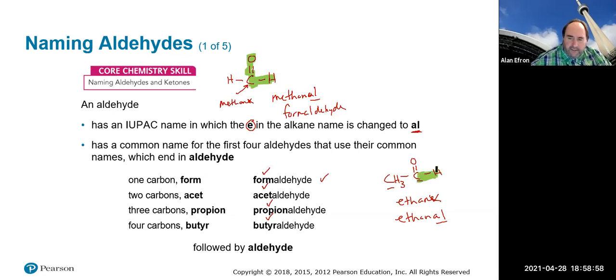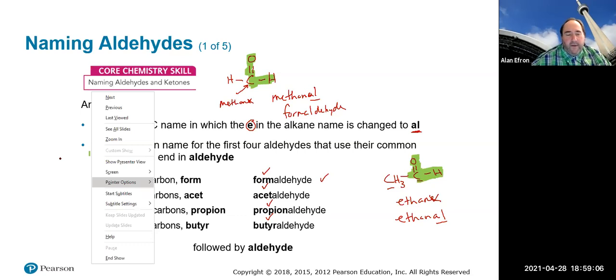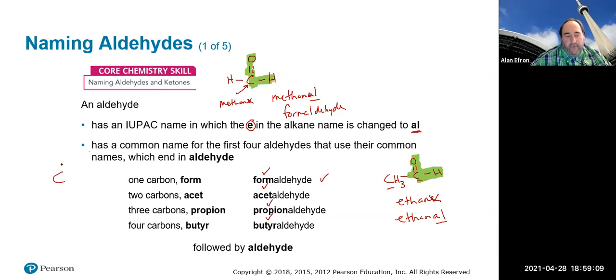It's a good question, and the answer is no, you don't. Because as we just talked about a second ago, the only place that group can end up is at the end. Because of that, you do not have to give the location of that group when you're dealing with aldehydes.